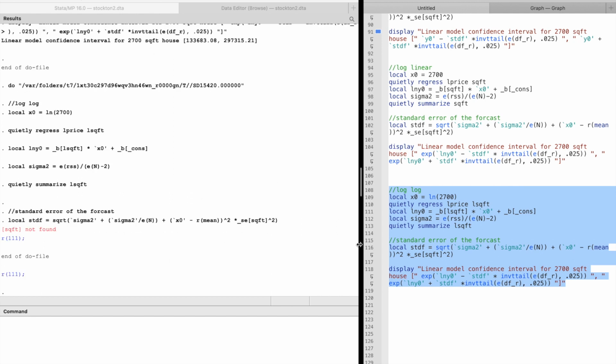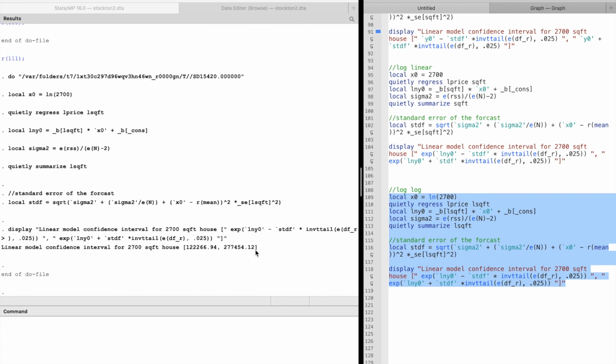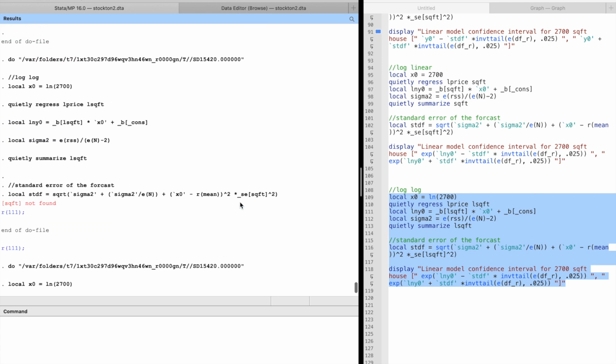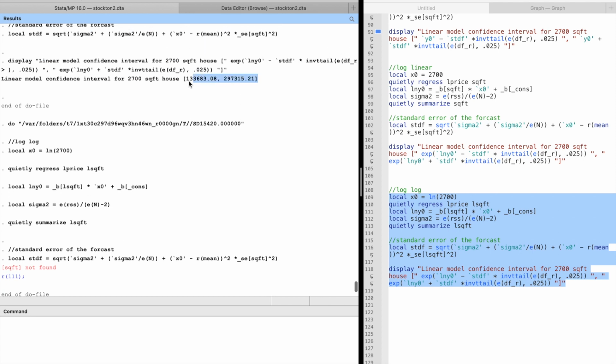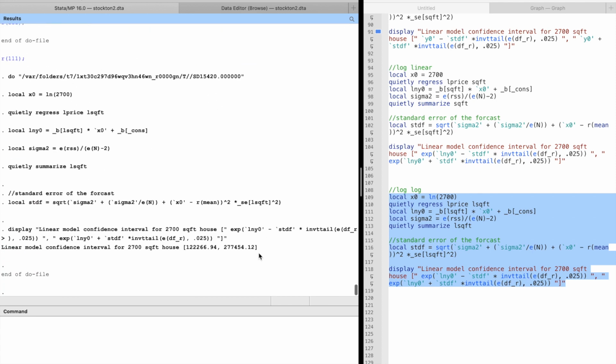When you run this, whoops, missed this. Log of square feet. And when we run this, we get a slightly wider confidence interval, or slightly lower. Looks like it's based on having a lower prediction. So we're 95% confident in this model that the price of a 2,700 square foot house will fall between $122,000 and $277,000.